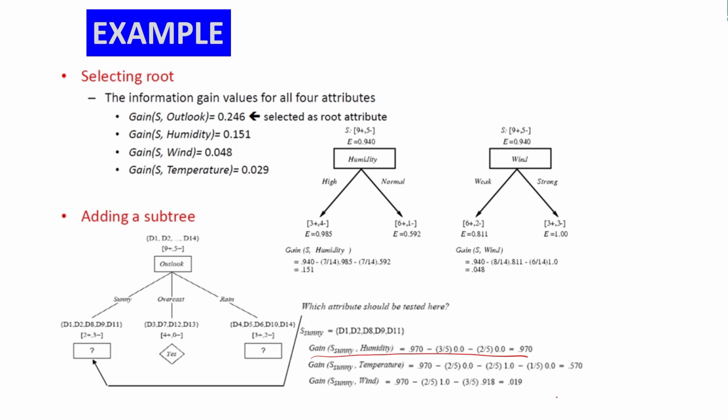Now, if you take humidity, you can clearly see if you use high, there are 3 positive, 4 negative. So, therefore, gain is 0.151, but if you use normal, then it is 6 positive and 1 negative, so E becomes 0.592. It has much higher information gain if you divide the data this way. Wind speed also you can do the same thing.